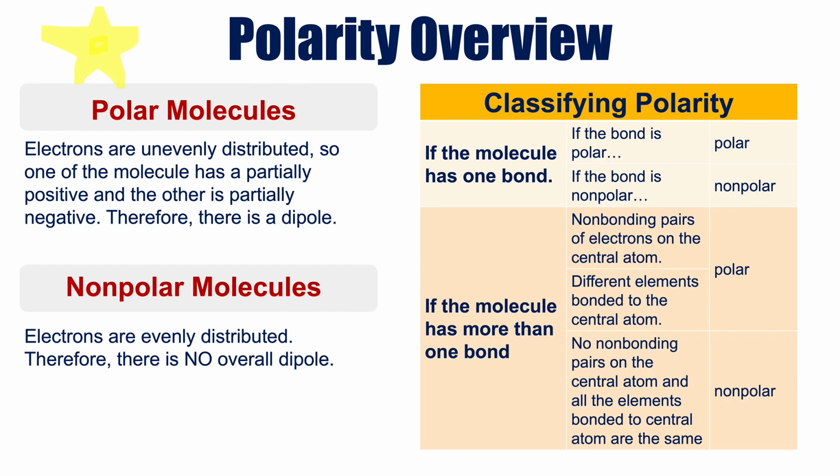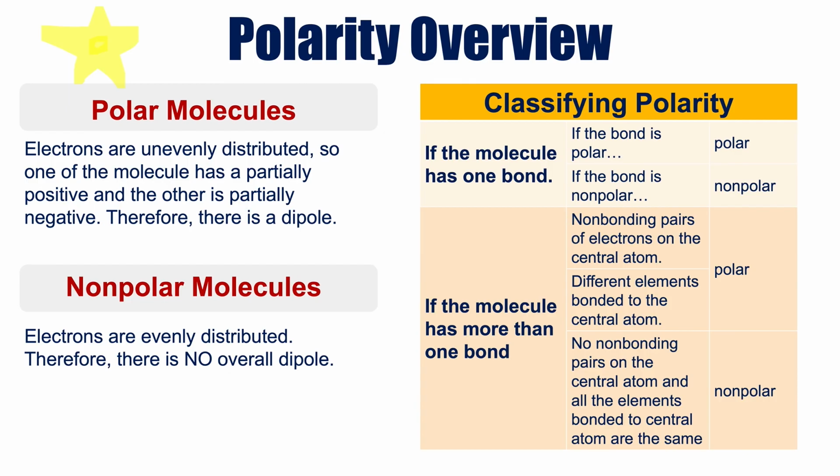So you need to be able to identify if something is polar or nonpolar. Just remember, if the molecule only has one bond, whatever that bond is, that's also what the molecule is going to be as well. So if there's only one bond in the molecule, you would take the electronegativity difference for the two elements and then use that to identify if the molecule will be polar or nonpolar.